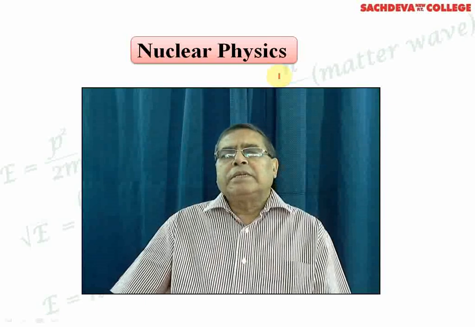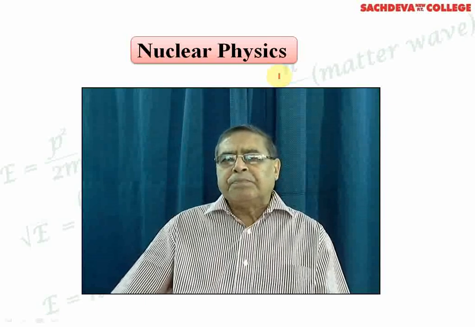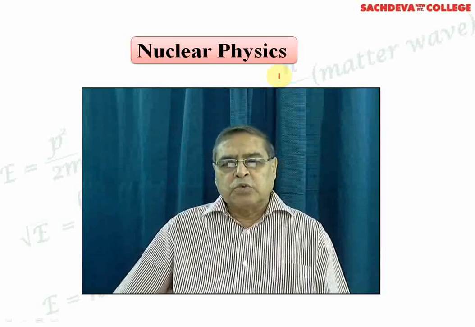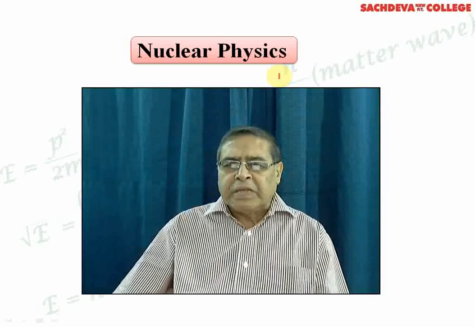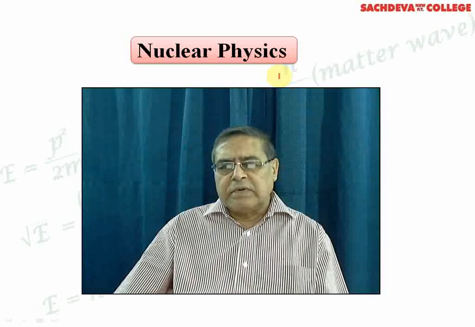But this formula has a drawback: it only explains the nuclear radius for those nuclei which are constituted of protons only. In this formula, the number of neutrons was not considered.